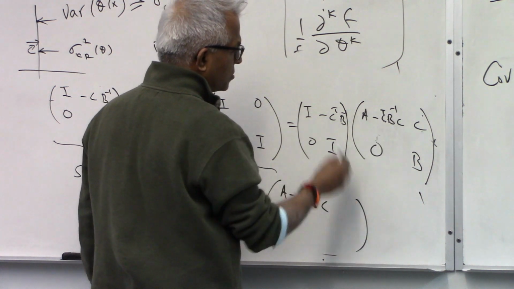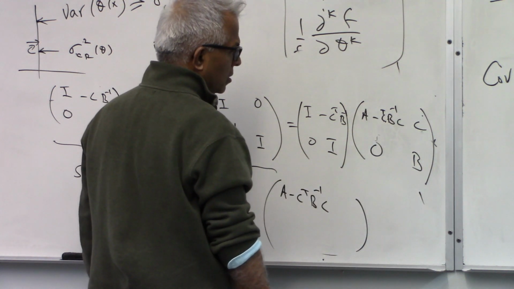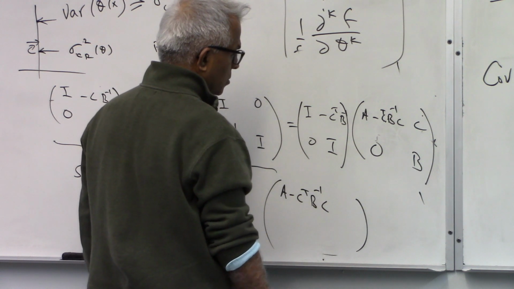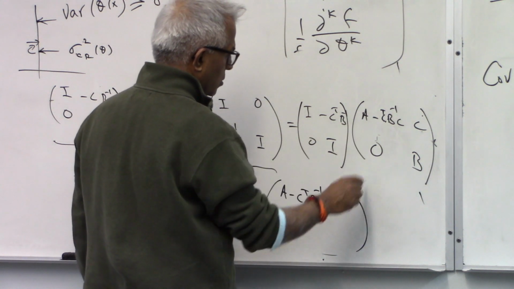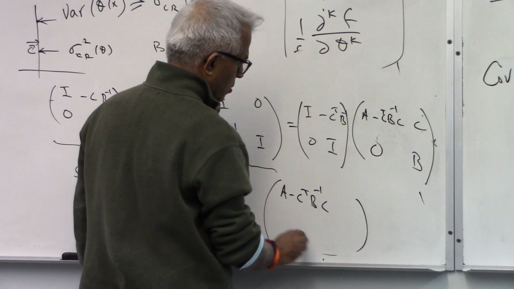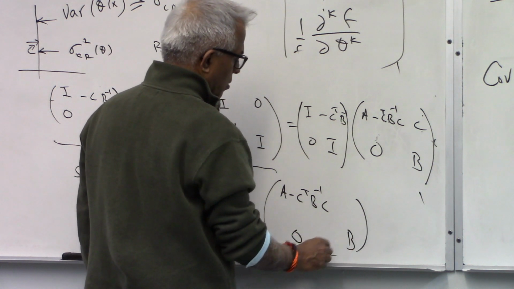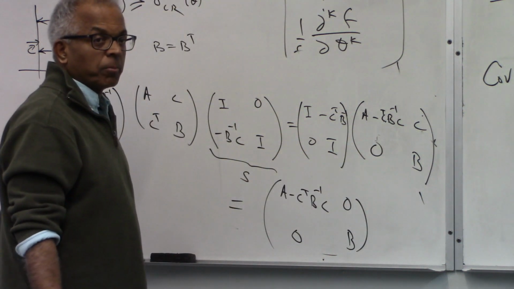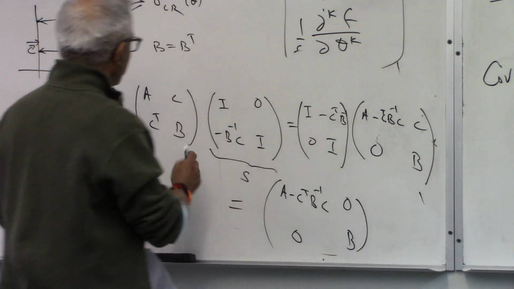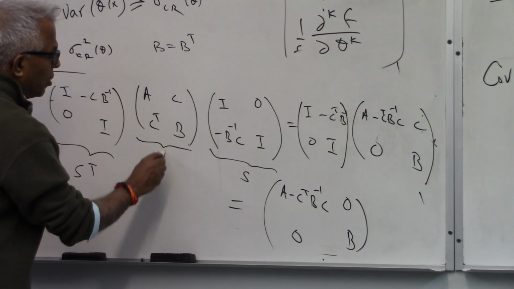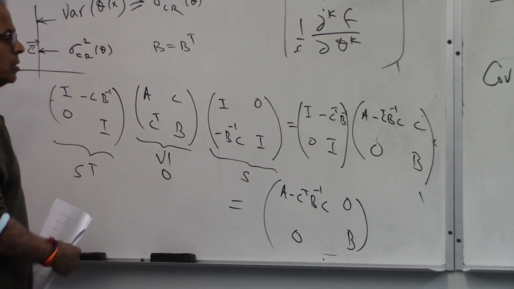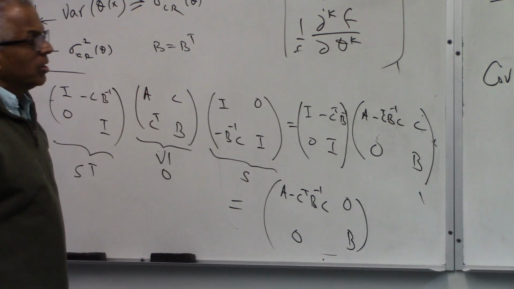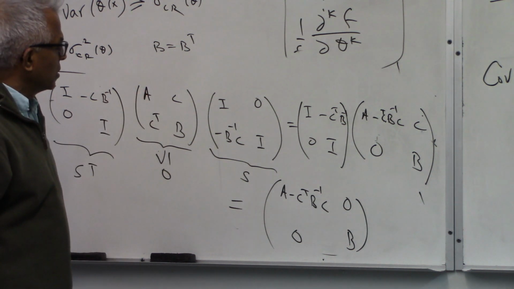And this will be C and C, and this should turn out to be 0 if I multiply that correctly. Anyway, remember, this is already a non-negative definite matrix. You are right, this should be of the form C C transpose, B being a positive definite matrix.